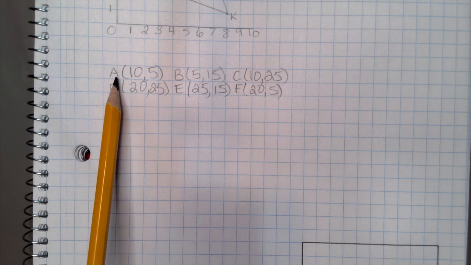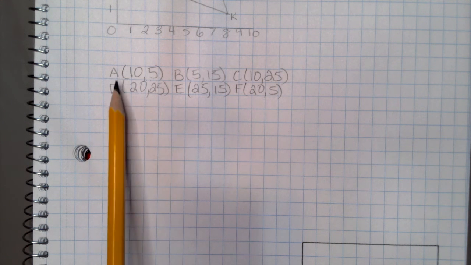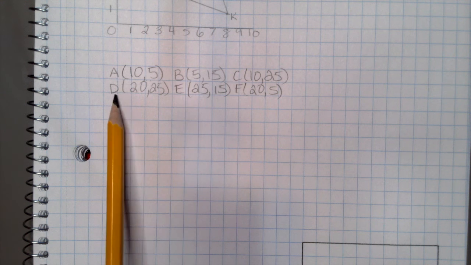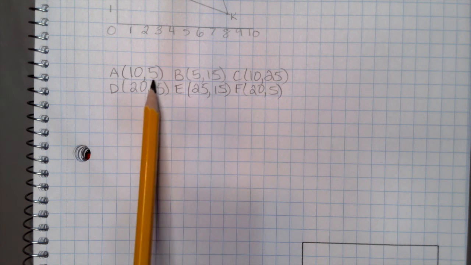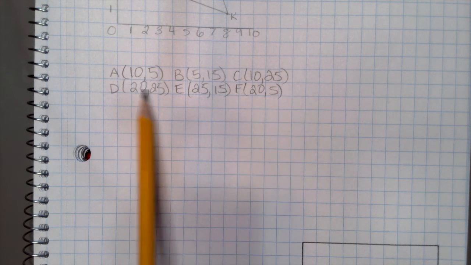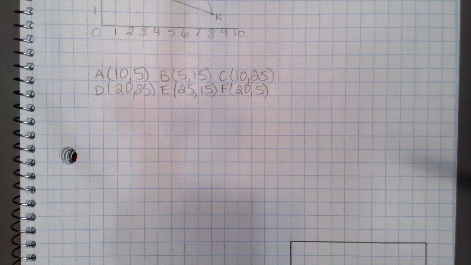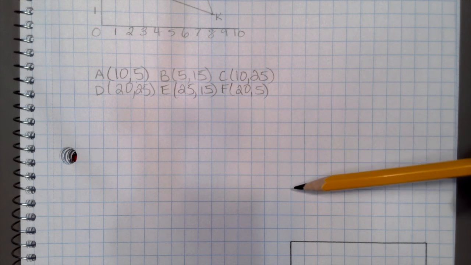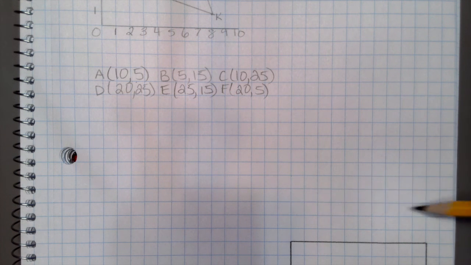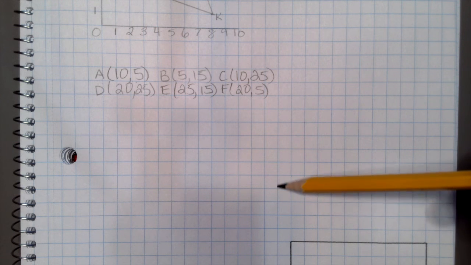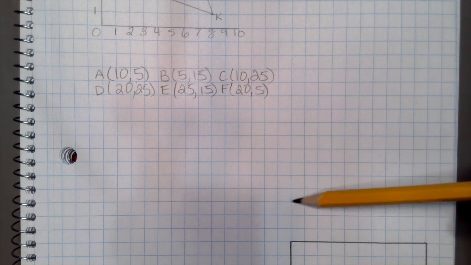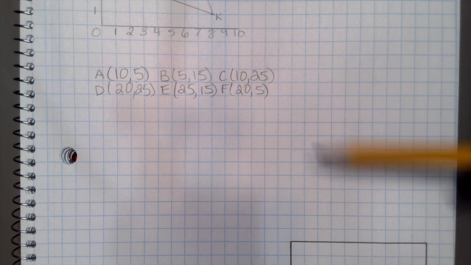So I've started off by copying down all of my points, A, B, C, D, E, and F, along with the ordered pair that goes with each point. Now, let's draw our coordinate grid together. We know we need to go from 0 to 30 on the x-axis and also on the y-axis, our horizontal and vertical axes.